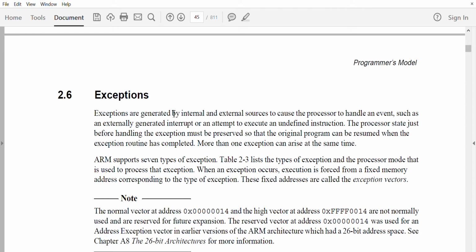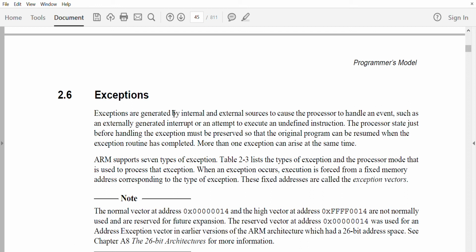Everything will be pushed into the stack. Go handle the interrupt. The interrupt service routine will be executed, then it will come back, pop out everything from the stack and then resume the normal operation of the program. So that was interrupt. This is somewhat similar to that.